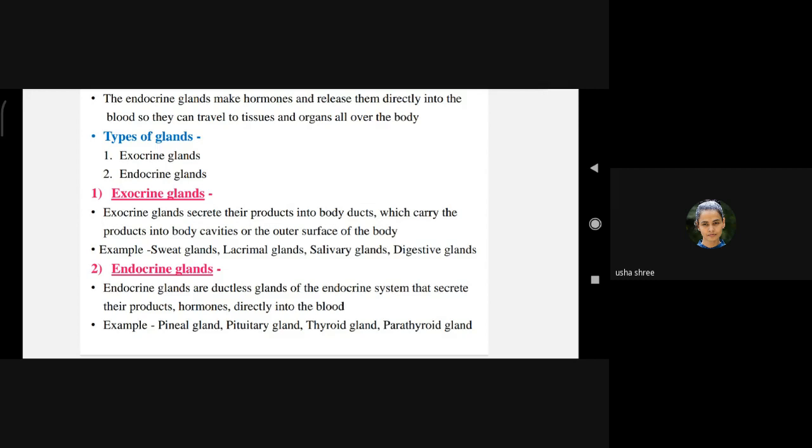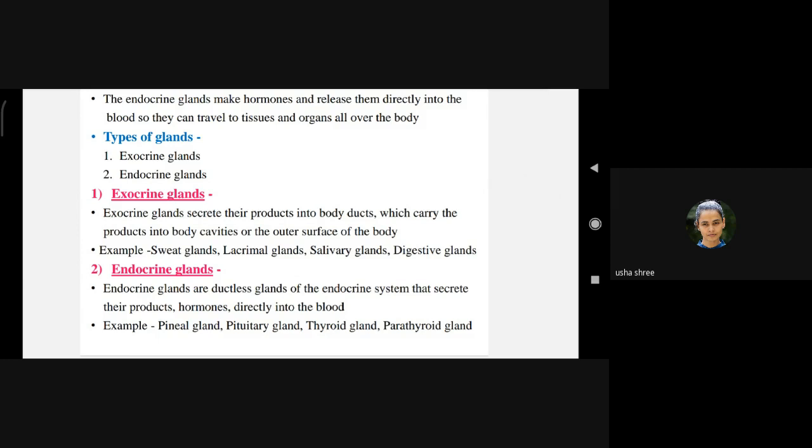But when it is producing the insulin hormone, that insulin hormone is not released through a duct. Blood capillaries are spread inside the pancreas, and those blood capillaries get the insulin hormone directly from the beta cells of the pancreas.